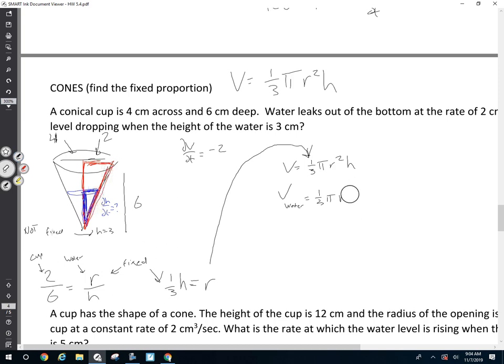I'm replacing r with h's. 1/3 pi times 1/3 h squared times h. And I get v equals 1/3 pi times 1/9 h squared times h. I'm just going to leave the 1/3 because I'm going to multiply it by the 3 soon. Okay, so I took a little bit of time to get myself a formula that will be easy to work with.